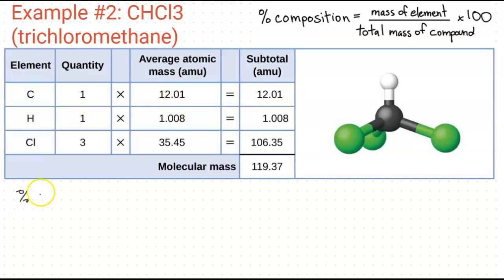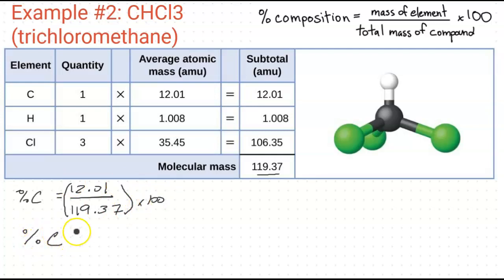So my percentage of carbon is 12.01 divided by the total molecular mass of 119.37, and I'm going to take that value times 100. So my percentage of carbon for trichloromethane is going to be 10.06% carbon.